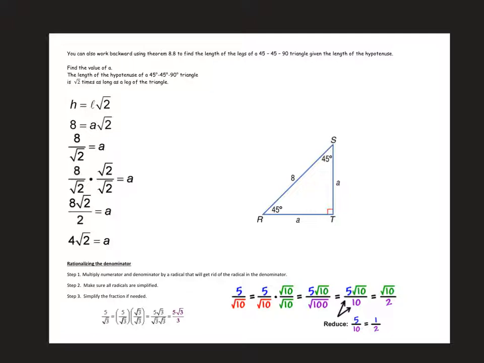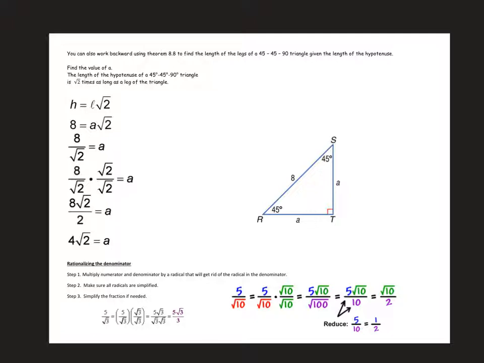But we could also work backwards using theorem 8.8 to find the length of the legs of a 45, 45, 90 triangle, given that we know the length of the hypotenuse. So in this example, I want you to find the value of a, and a is representing a leg.